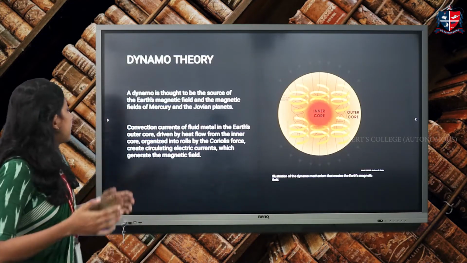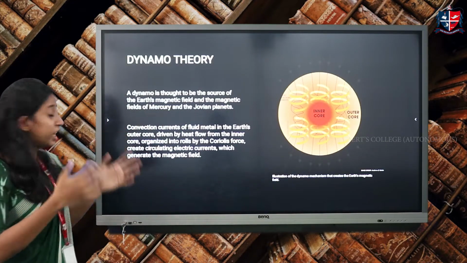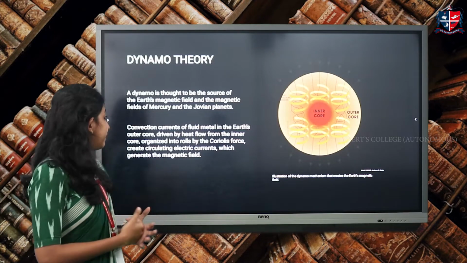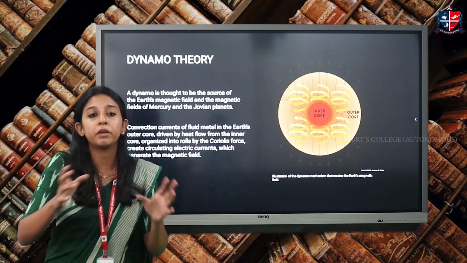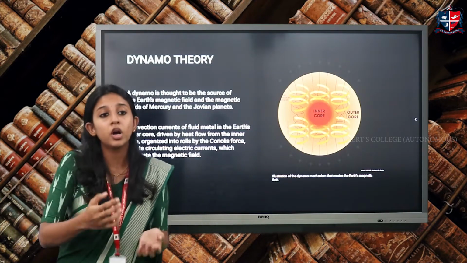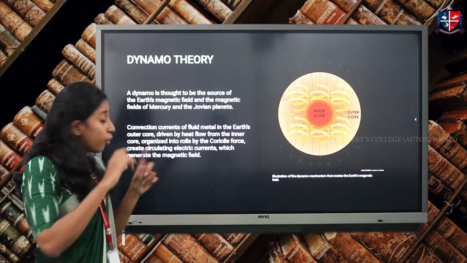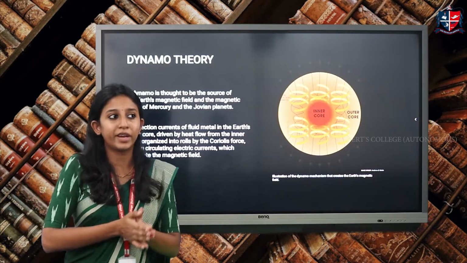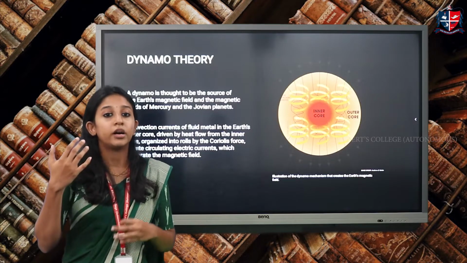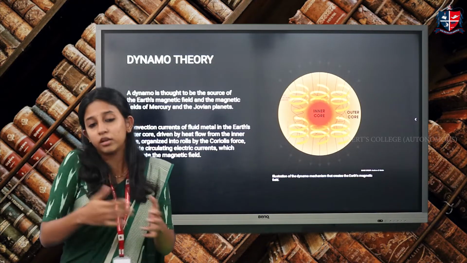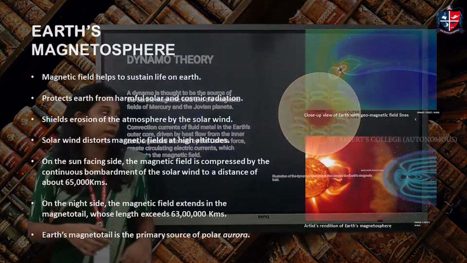So what happens is that the convection currents of this fluid metal in the Earth's core, driven by the heat from the inner core, are organized into rolls by the Coriolis effect, and this generates electric current, which causes the formation of the magnetic field.